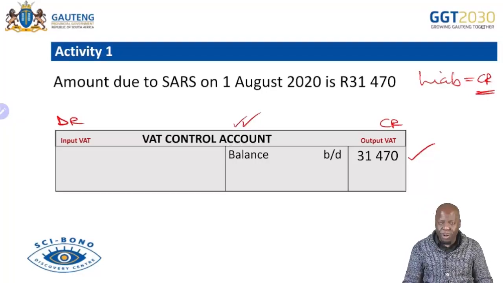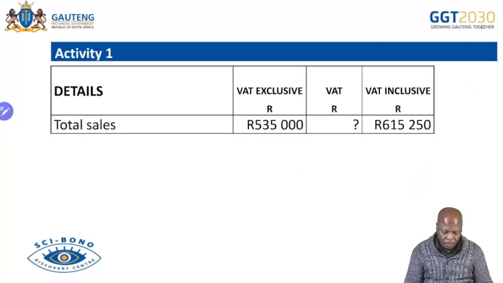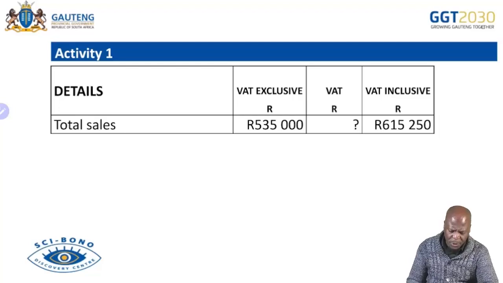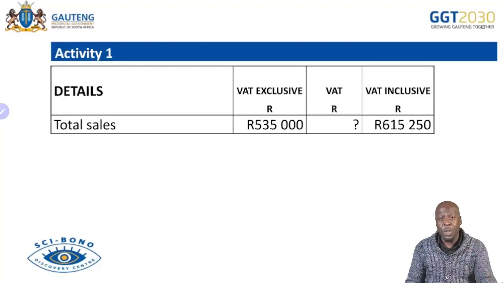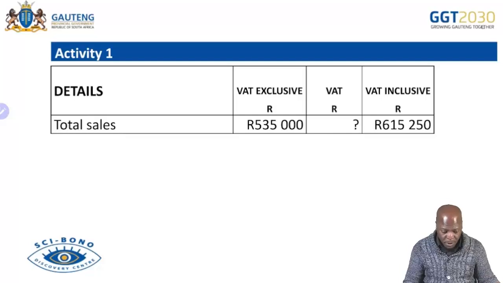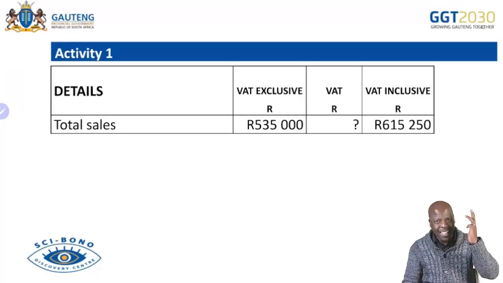Let me quickly go now to my next transaction. Okay. It says total sales. So the first thing you need to know is, is it input or output? Total sales. Am I dealing with input or output? So think again.